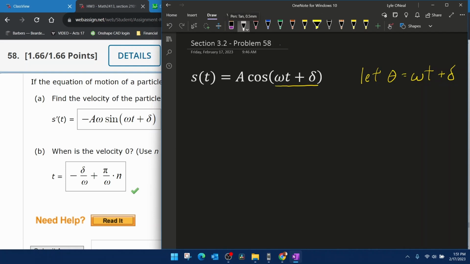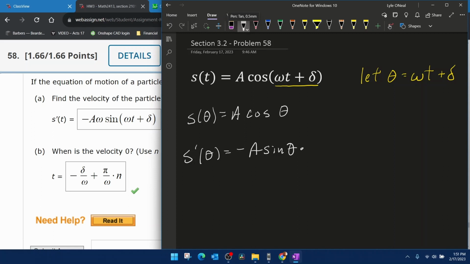Then I can rewrite my function, s of theta equals A cosine theta, and that makes the function much easier to take the derivative of. So here we go, s prime of theta: taking the derivative of cosine gives us negative sine theta, and the coefficient just comes down.